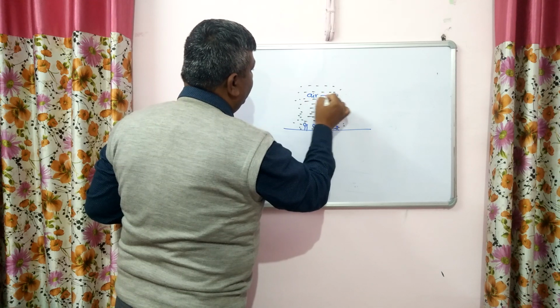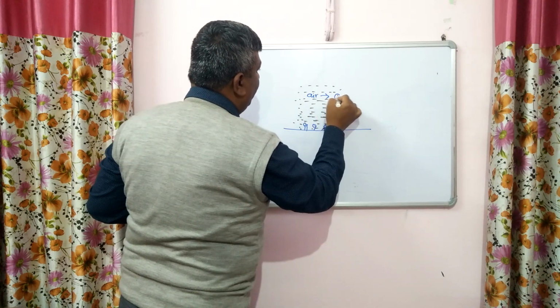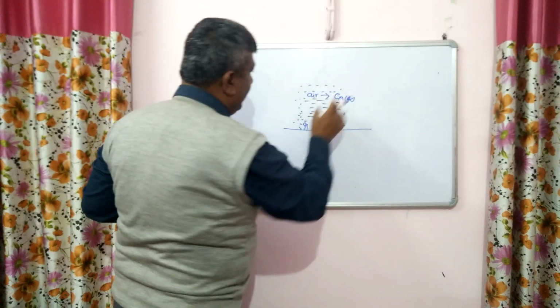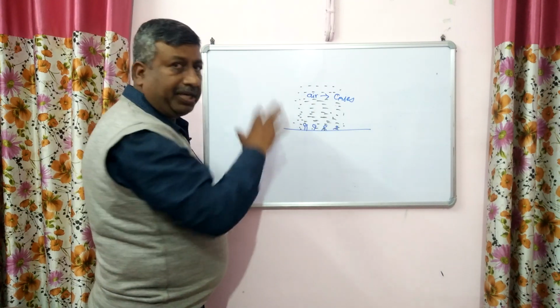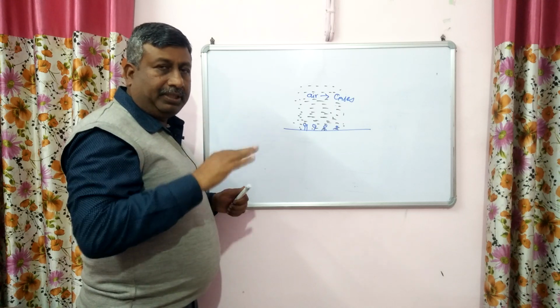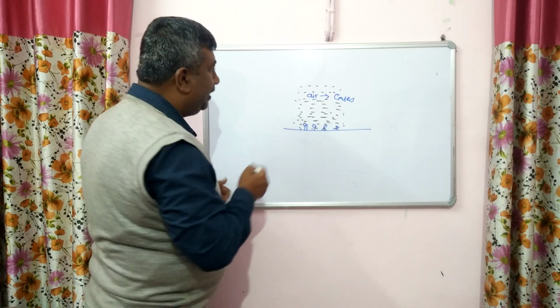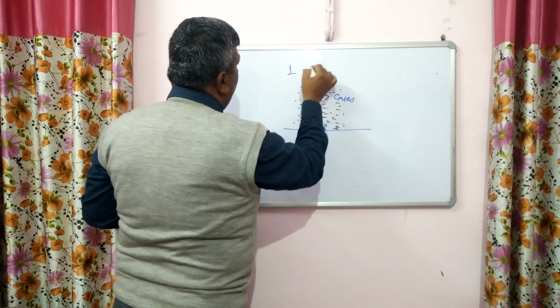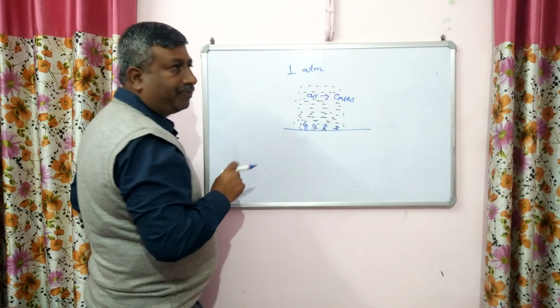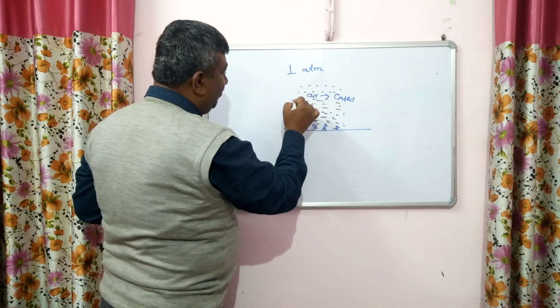Actually this is air, and this is composed of different types of gases. These exert a pressure, and this pressure exerted by the atmosphere is known as atmospheric pressure, and it is termed as 1 atm. Atm is from atmospheric pressure. So we are facing one.